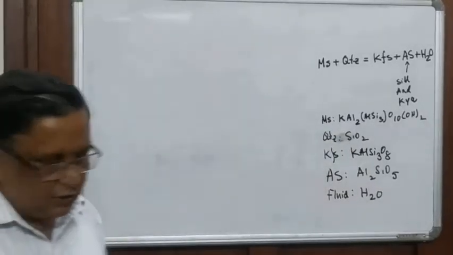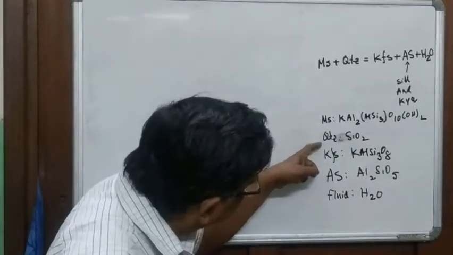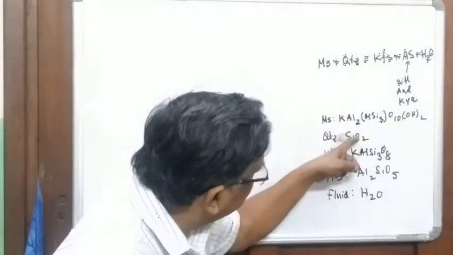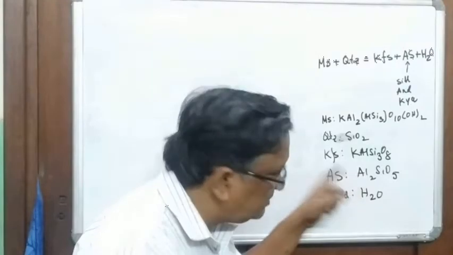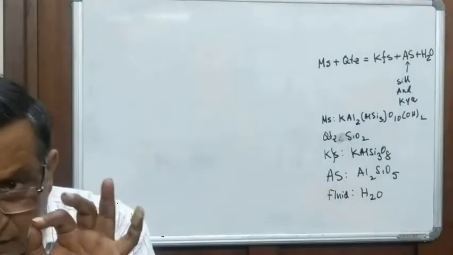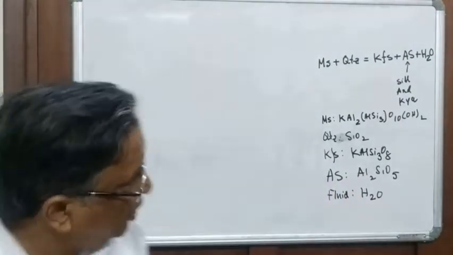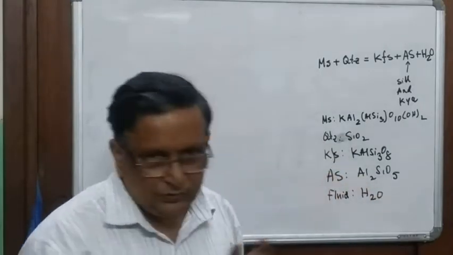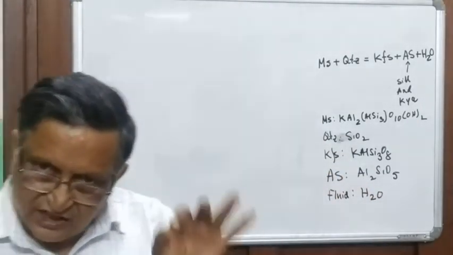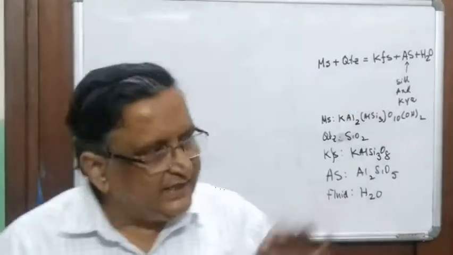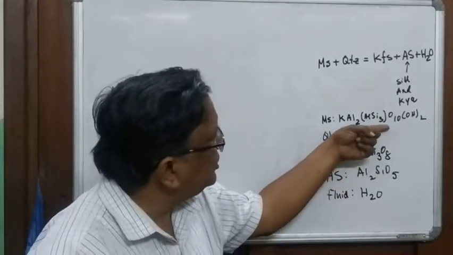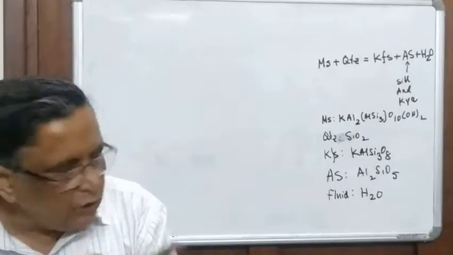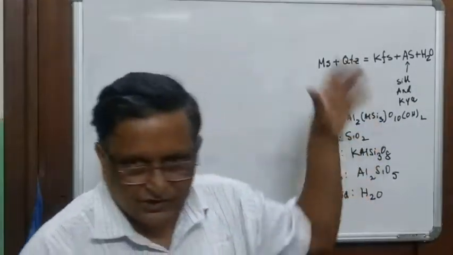These are phases and these are formulas, meaning phase components. All of them are taken to be pure, and that is why I have written only one end member component. I have not put in any variations in this.